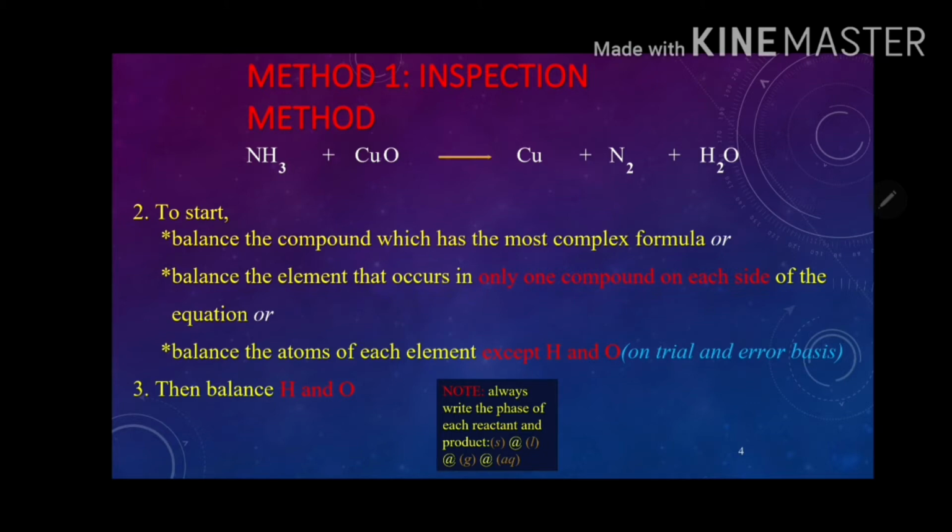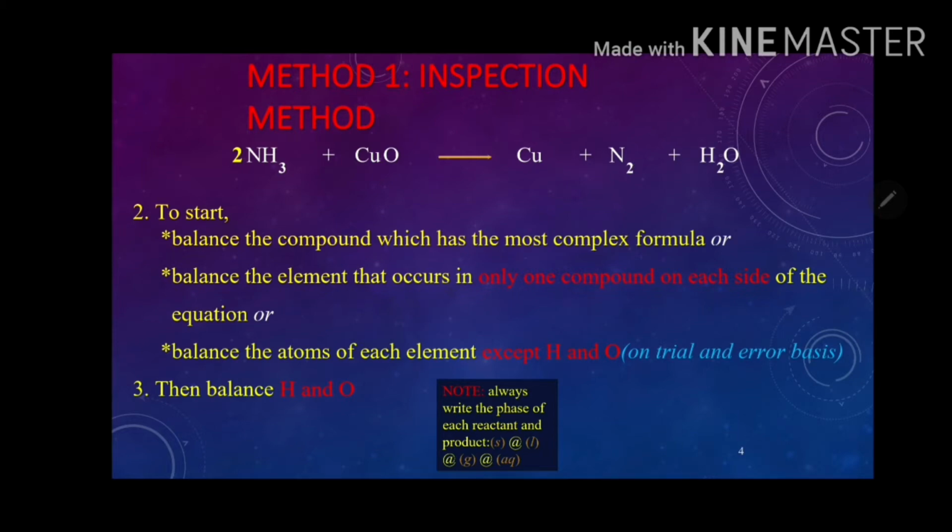So let's check on N. On the left side of the equation, you can see there is only one N, but on the right side you have two N. So what to do? So you write 2 NH3 to balance the stoichiometric coefficient for N. Okay, so now it is balanced between left and right.